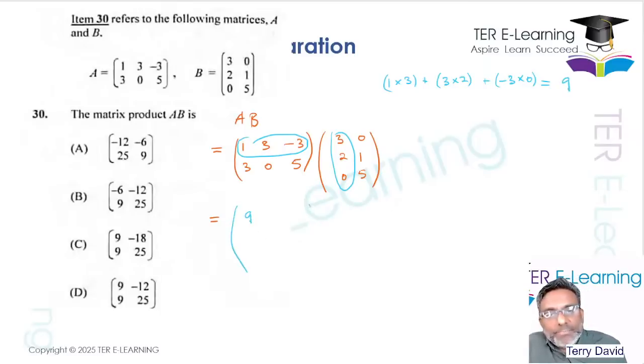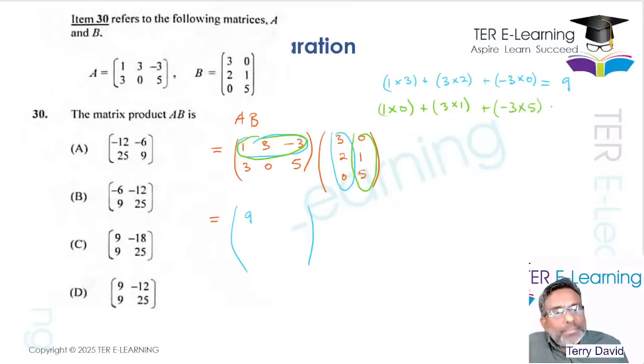Then we're going to do a row by column again. Let's take this same row here, but let's switch to this column now. So that will be 1 by 0 plus 3 by 1 plus minus 3 by 5.